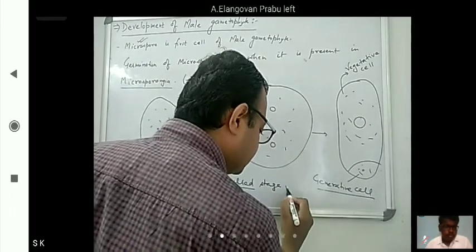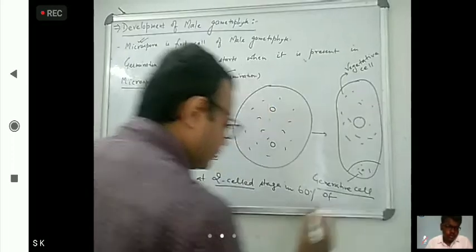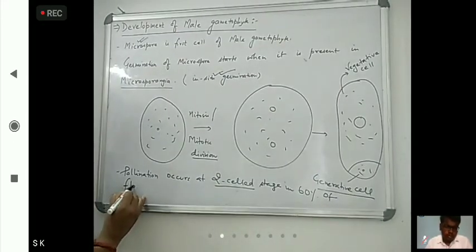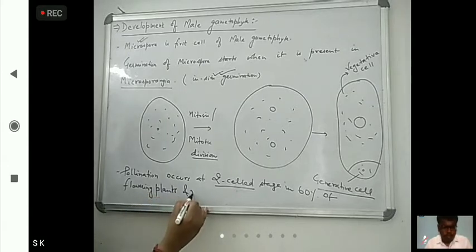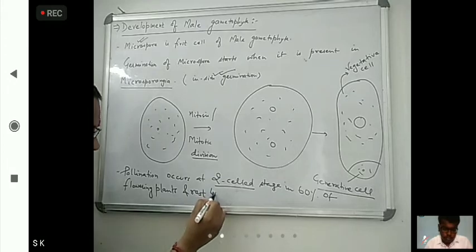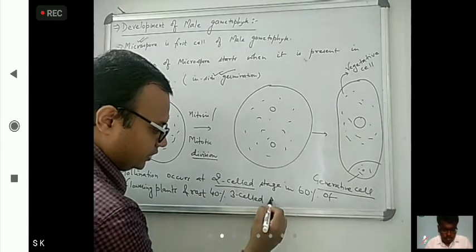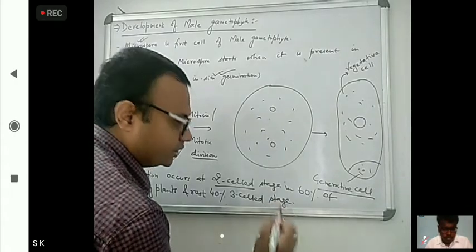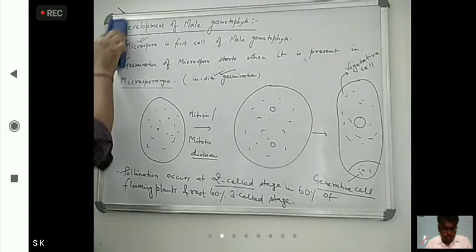And the remaining 40% have a three-celled stage. How does the three-celled stage come? Now we will see.